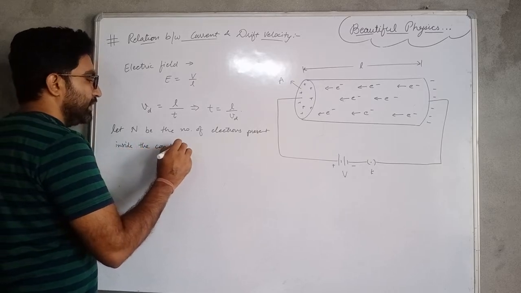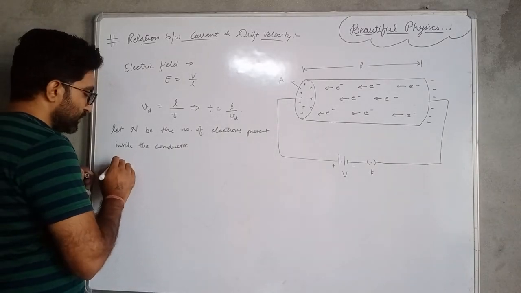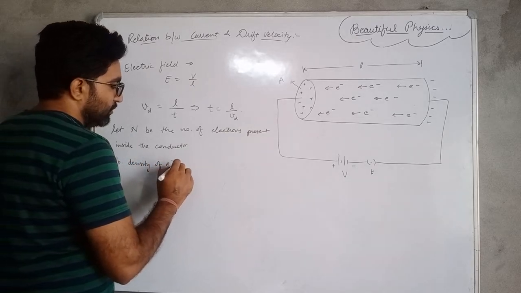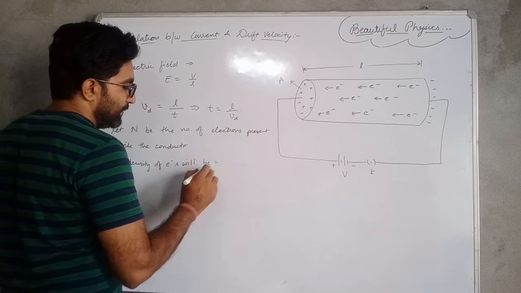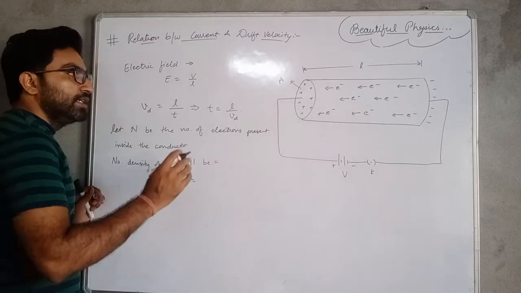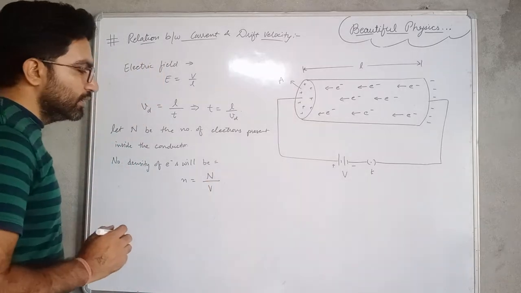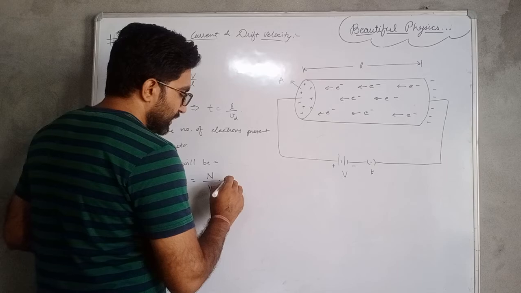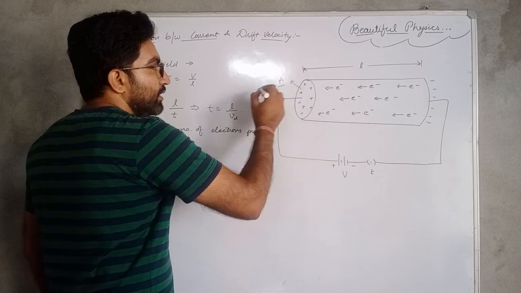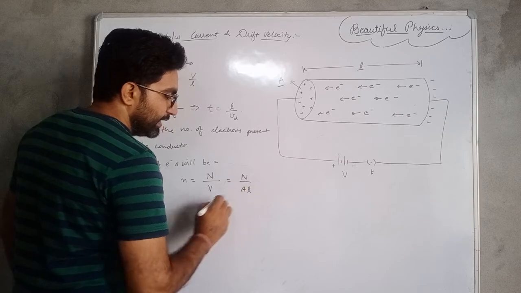So the number density of electrons, which I am writing by small n, will be equal to the total number of electrons divided by the volume of the conductor. Here N is the total number of electrons, and the volume, when we multiply the area by length, will be equal to AL.